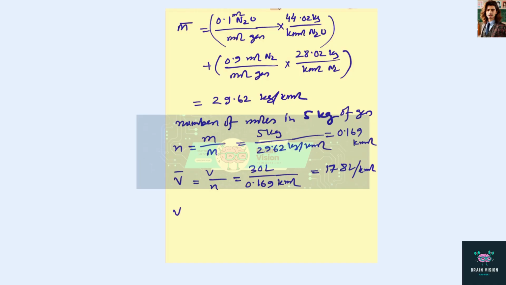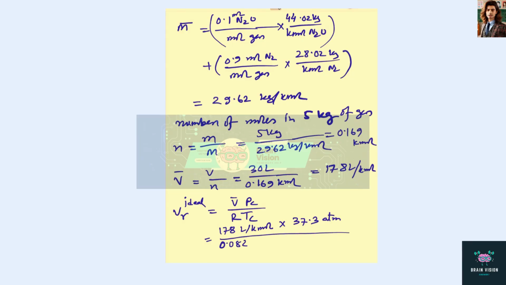Now let us calculate the ideal reduced volume, which is the specific molar volume multiplied by the critical pressure divided by gas constant multiplied by the critical temperature. The pseudo-critical pressure is 37.3 atmospheric pressure.